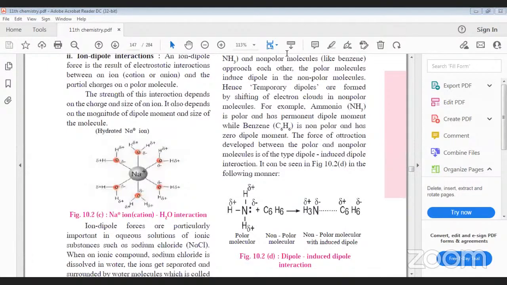What I have asked is, sodium is coming in contact with the oxygen atom, which is negatively charged, correct? In ion dipole interaction. Chlorine, the negatively charged chlorine ion, will come in contact or interaction with which part of the water molecule?